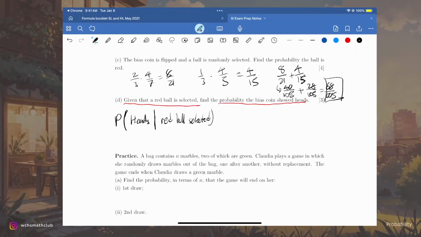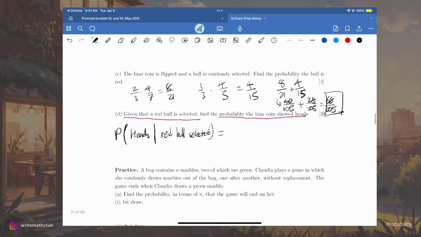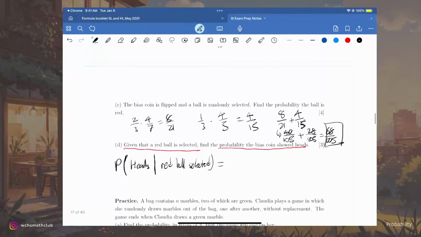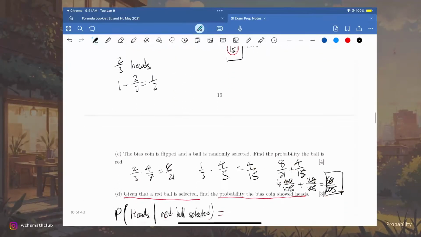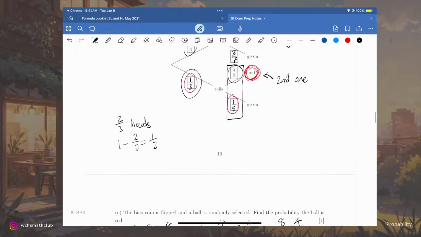And basically how we're going to do this is we're going to calculate in how many cases does the biased coin show heads whenever our red ball is selected.